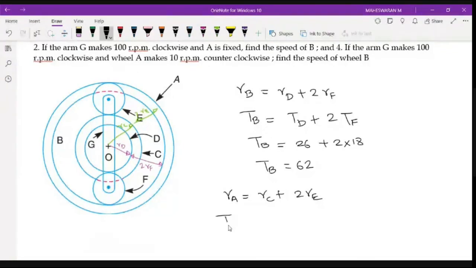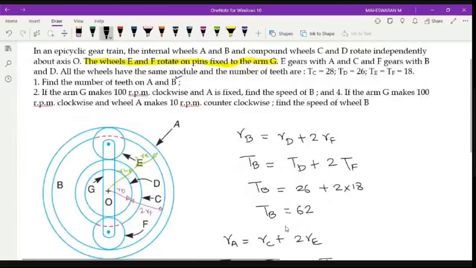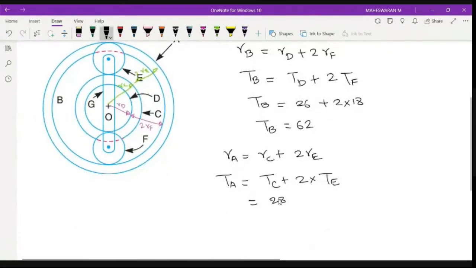Or write it in terms of teeth: TA is equal to TC plus 2 into TE. You know the values. TC is given, which is 28, plus 2 into 18. So what will be the value? I think 64. We are getting 64. Okay, we identified this.